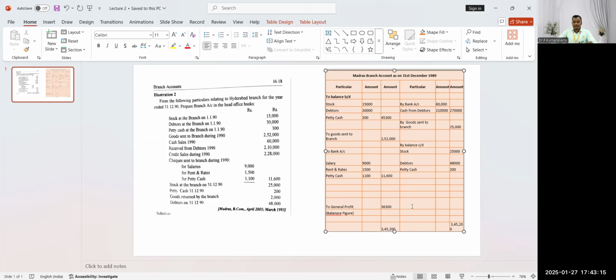Right. Okay. So what are the items that should be taken here? One, we should know the proper structure, the format of branch accounting. Branch accounting has two sides, one side is debit, the other side is credit.